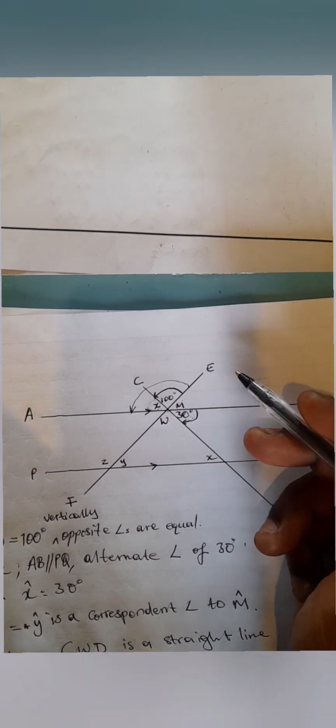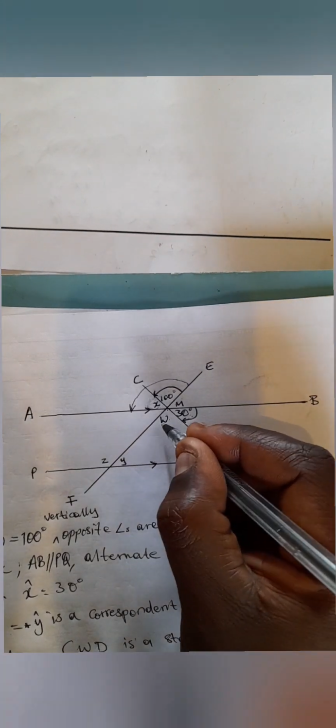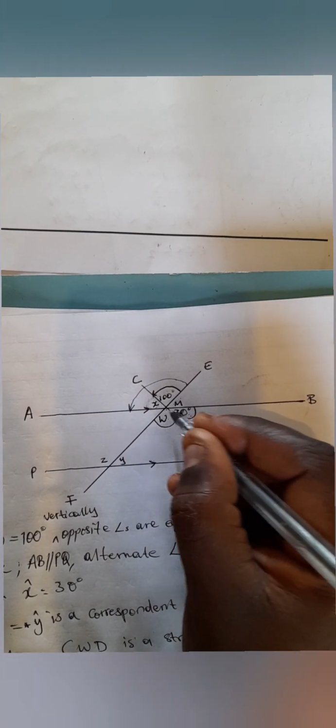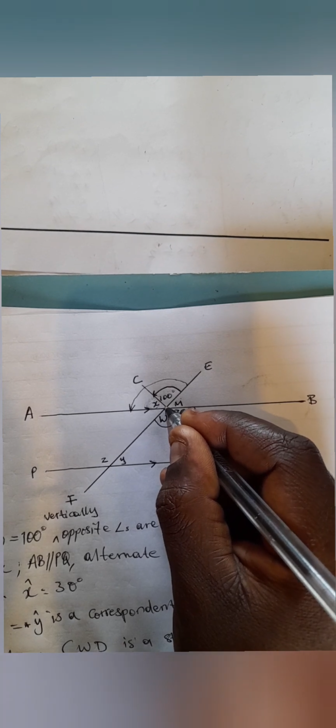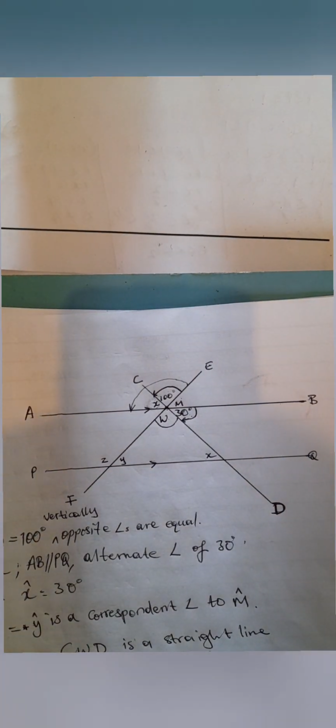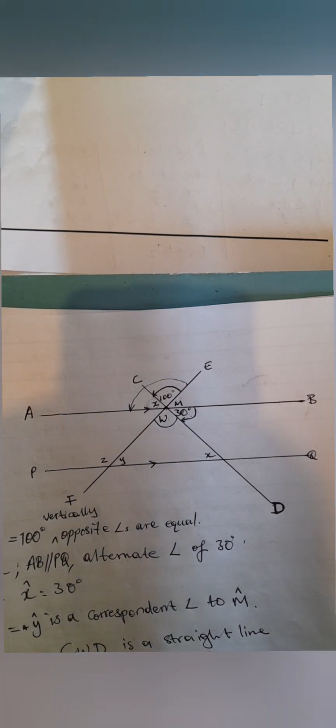You see? Oh, wait. The W is an angle. It's not the point. What is this point here? Let me re-look at the diagram.